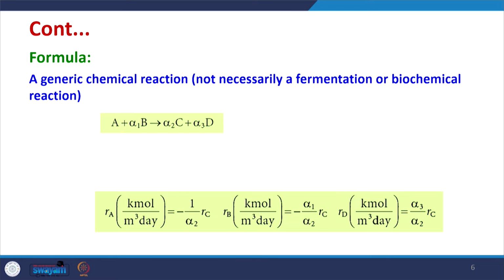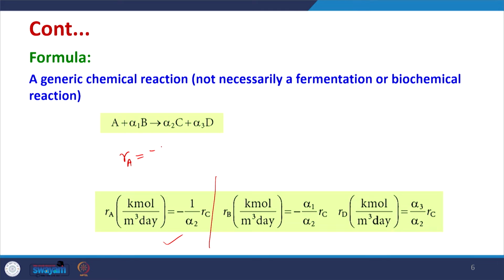general equation for any general chemical reaction, not necessarily a fermentation or biochemical reaction. If this is known, we can use this particular type of equation where R A with respect to R C can always be found out. Similarly, R A can be written with respect to R B or R C. So, any of these types of general reactions can be written.